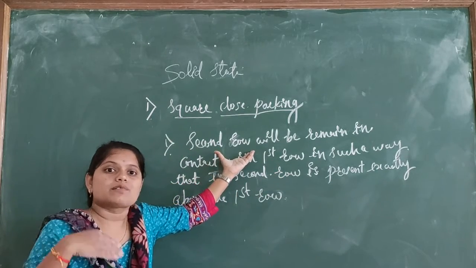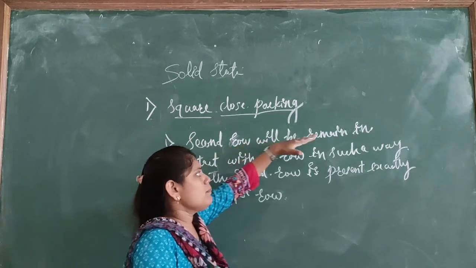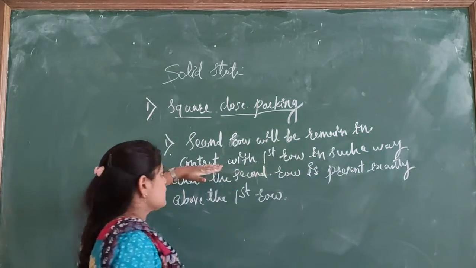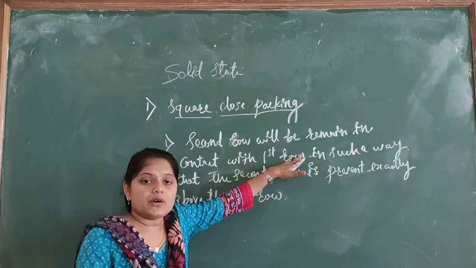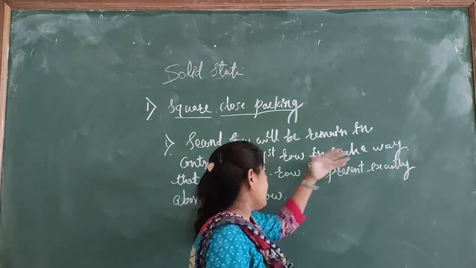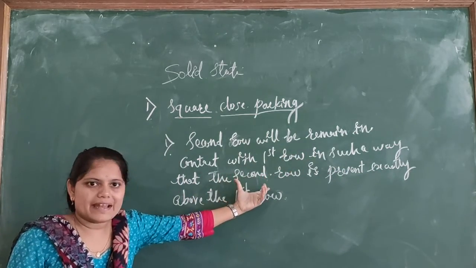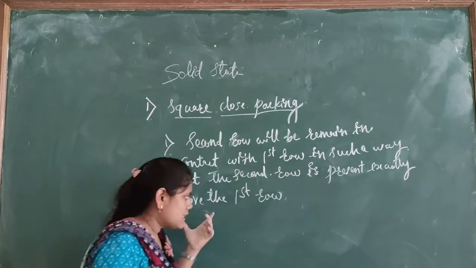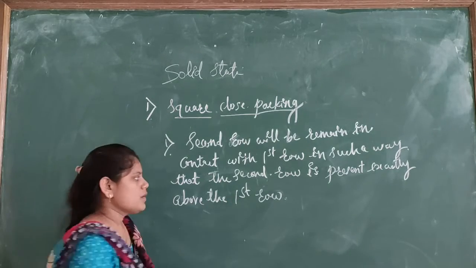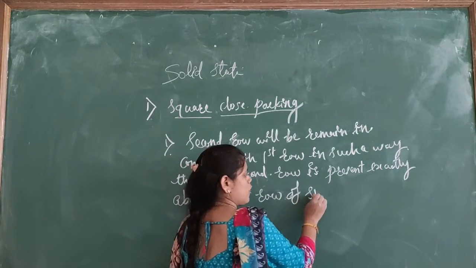The second row of spherical atoms will remain in contact with the first row, in such a way that the second row is present exactly above the first row of spherical atoms.